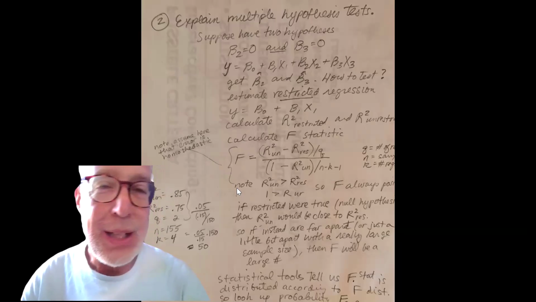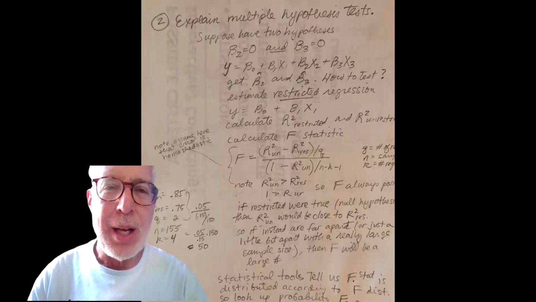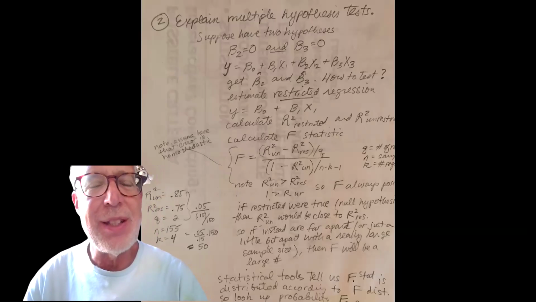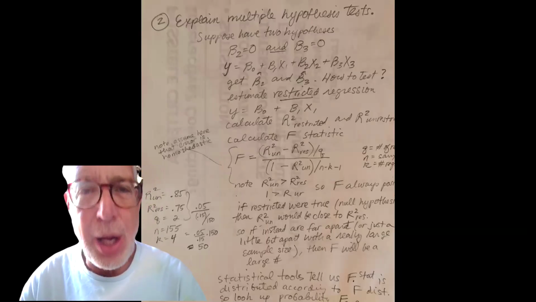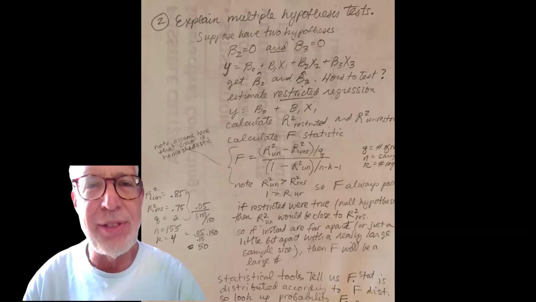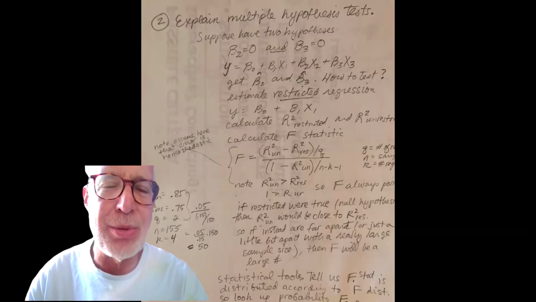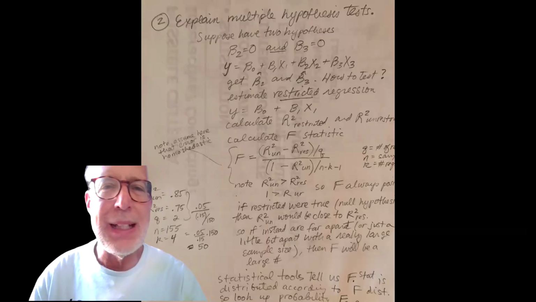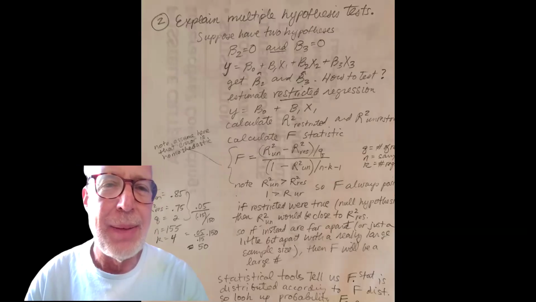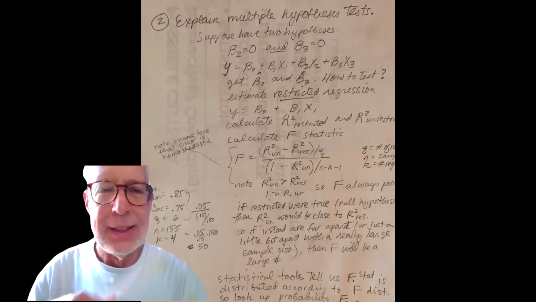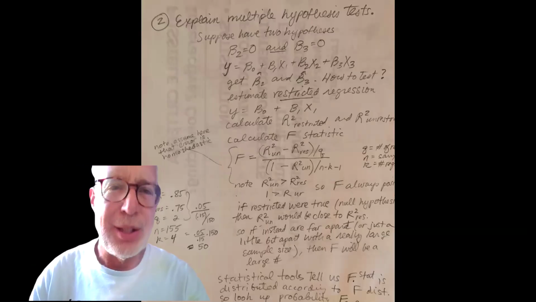You should start noticing now that in R, in the model summary, it will give you the F statistic for the joint hypothesis that all of the coefficients on all of the included explanatory variables are equal to 0. So that will always be in the model summary display of the regression results.